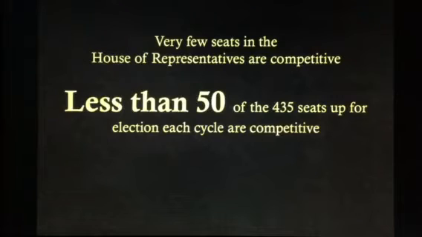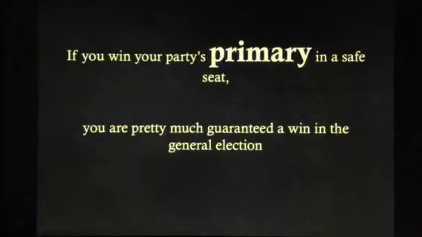However, less than 50 of those 435 elections are actually competitive. The result is almost guaranteed on Election Day. If you win your party's primary in a safe seat, you are pretty much guaranteed a win in the general election.